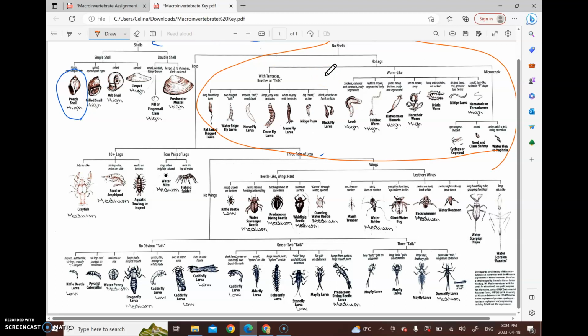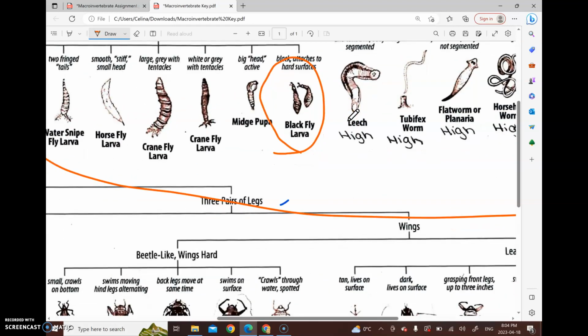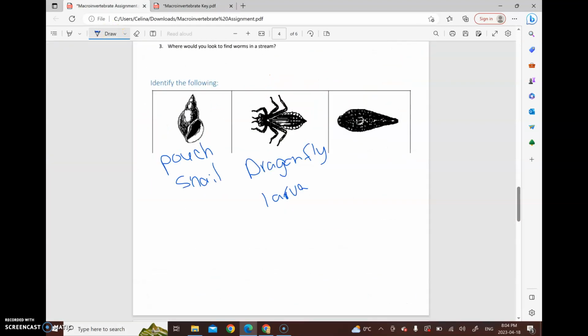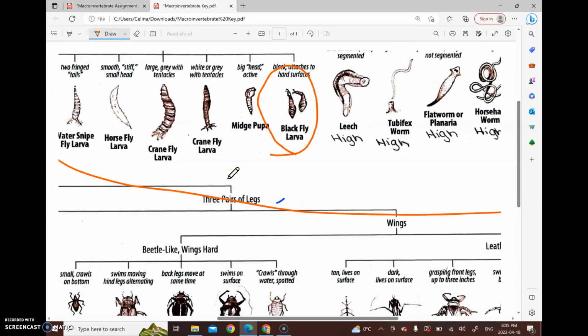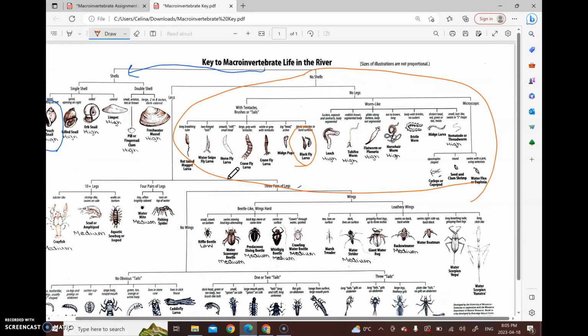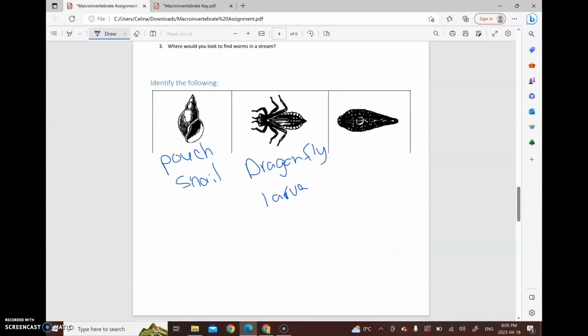And I would say this is the black fly larva. So if I was to zoom in there, compare it again to my picture, I'd say it looks pretty close to that black fly larva. Okay, so let's go over and label it.